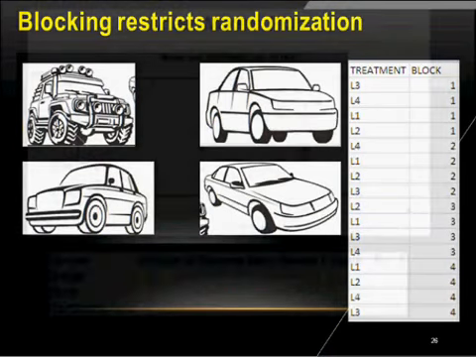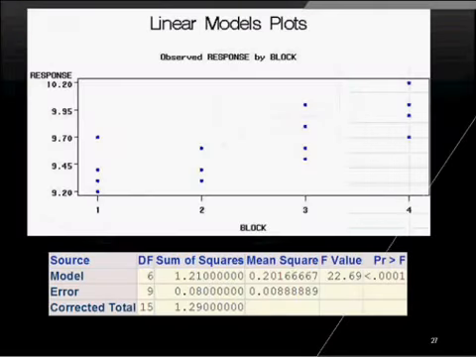What I can do next is view the linear model again and run some plots for response by block this time. And what I see immediately is that the response variation has shrunk. It actually went down. We don't see this huge spread in the data. In fact, if you look closely here, block number 2 has only 3 data points instead of 4.